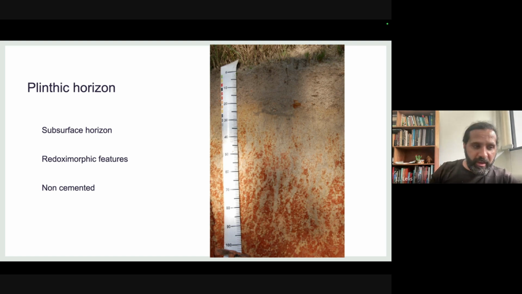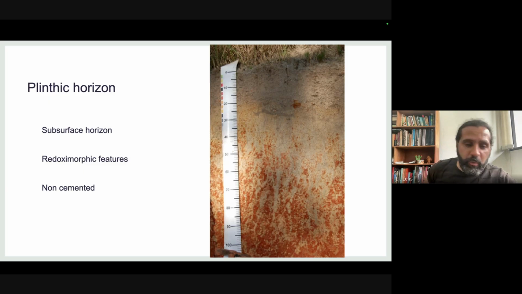So the water table level increases or decreases, goes up and down, and because of this change, we change the Eh, and the change of the Eh changes the valence, the state of the iron and manganese. So the iron and manganese start to be reduced and oxidized, reduced and oxidized.